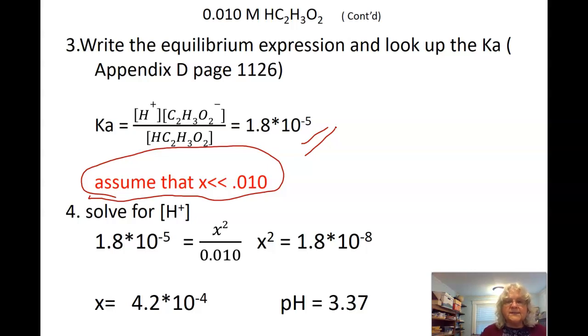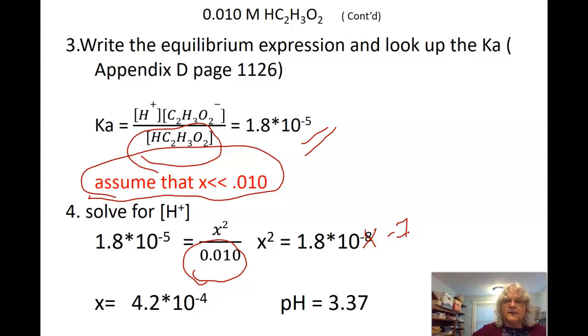So when I make that assumption, then when I plug into my equilibrium expression, my acetic acid concentration that I took from the table, instead of saying it's 0.010 minus X, I can just say it's whatever it was when it started. It's 0.010. So I solve for X squared. I get 1.8 times 10 to the minus 7th. That's the wrong number, I forgot to change that.